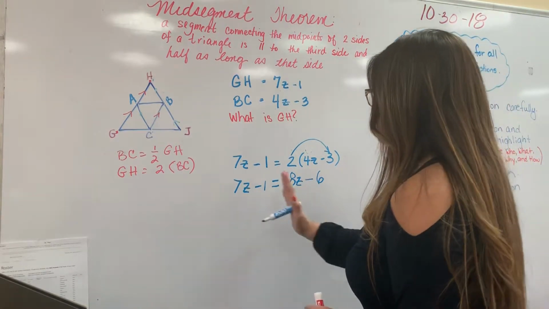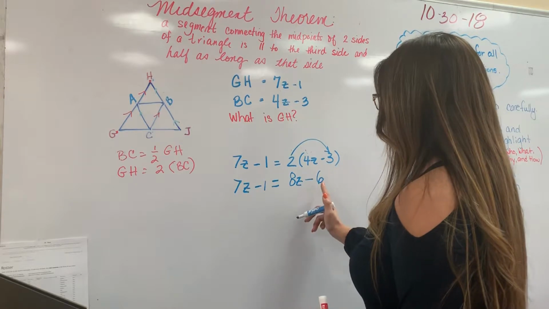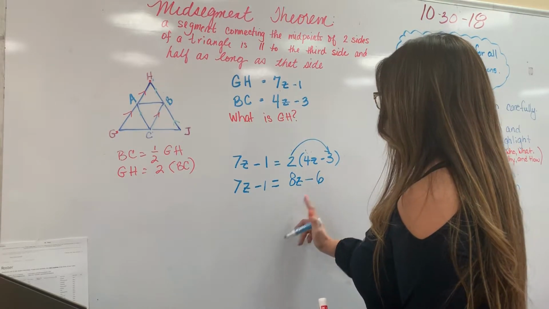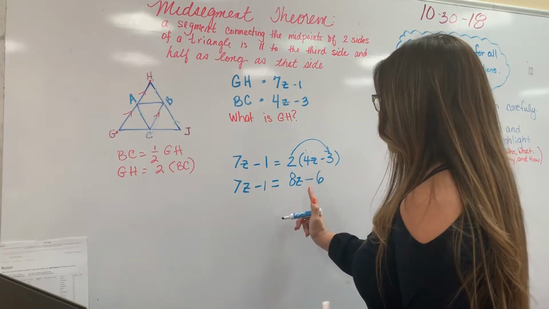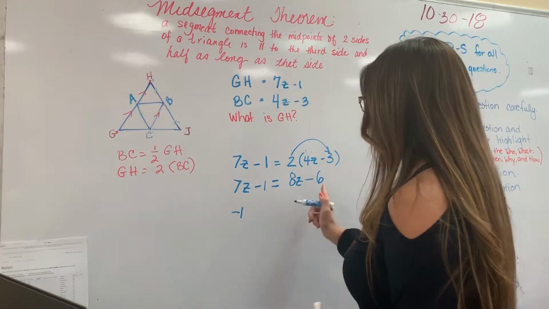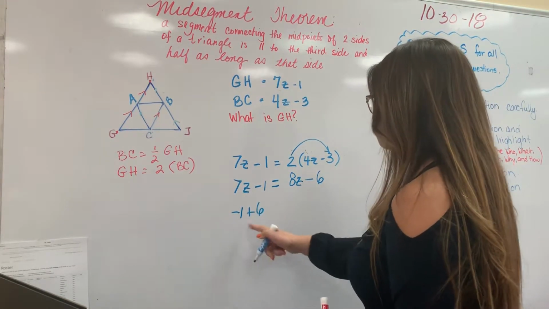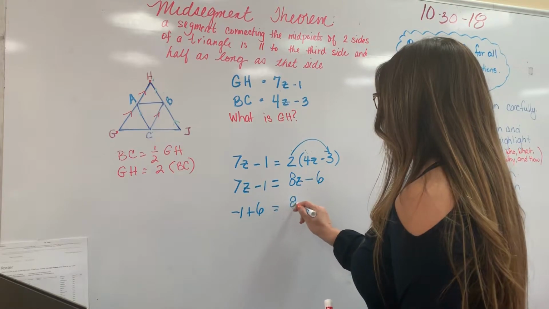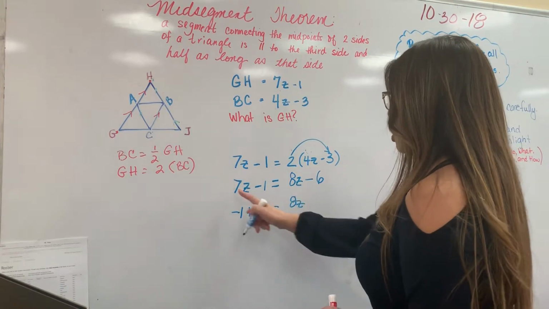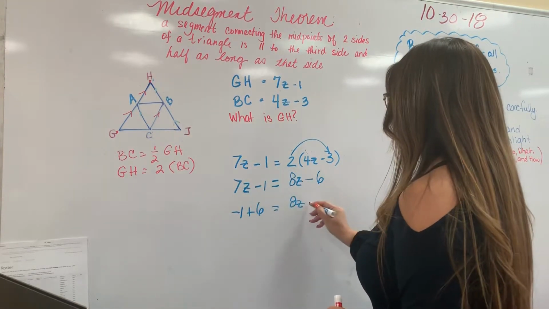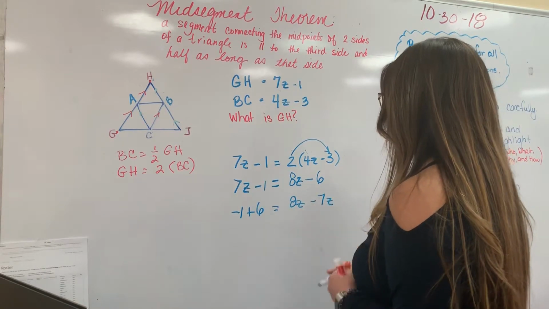So in this situation, I'm actually going to bring the 6 over to this side and change the sign. So I have a negative 1 here with the positive 6 is equal to 8z, and bringing this one over there would make it 7z.